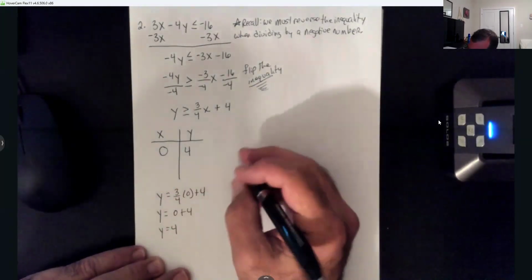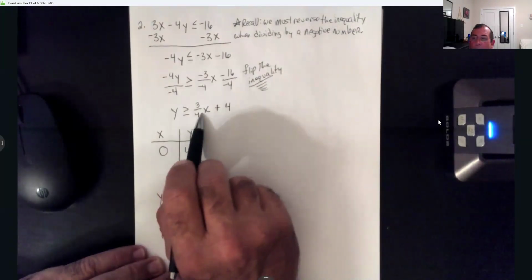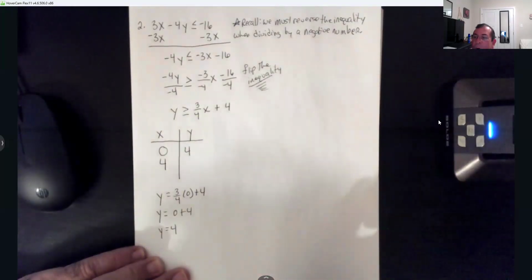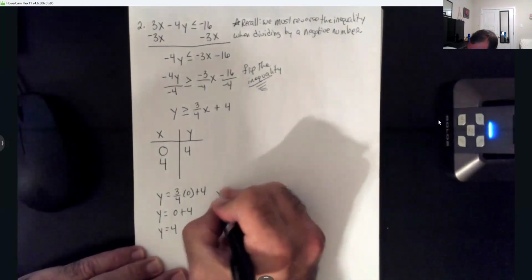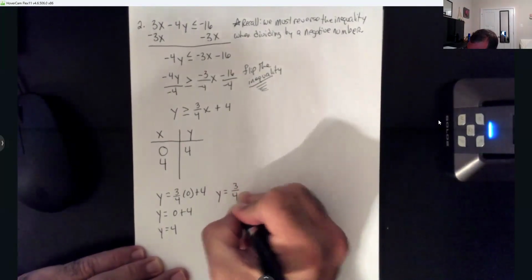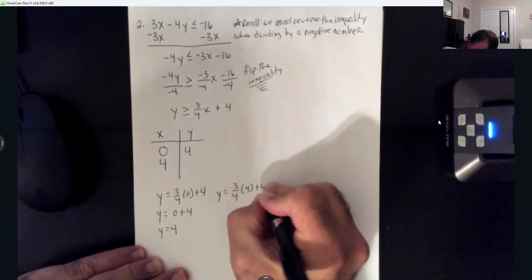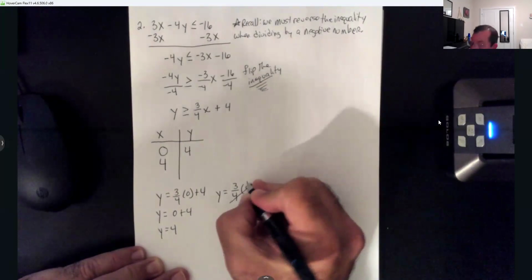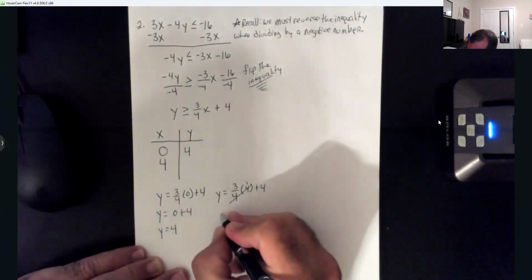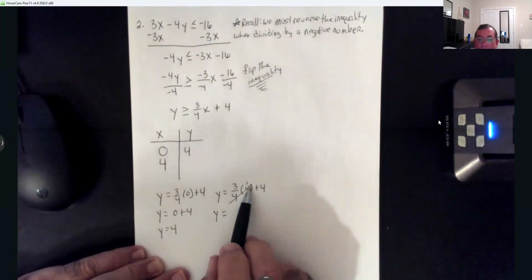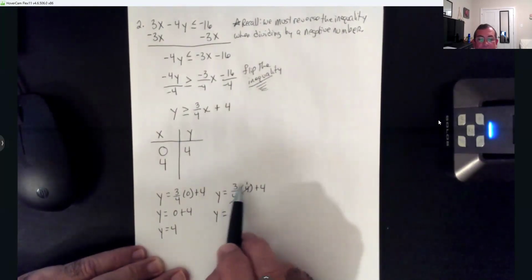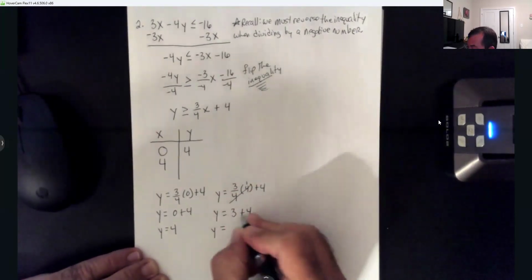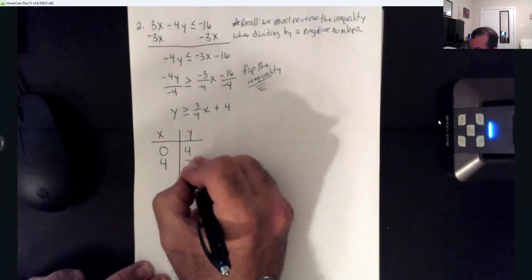Now I'm going to be picky on my second number. Since that's a fraction with a 4 in the denominator, my second x value, I'm going to pick a 4. Because when I plug in that 4 here, now look at this. This 4 divides this 4, so they cancel out, making a 1 basically. So I canceled out the denominator of the fraction. So 3 times 1 is 3, plus my 4. And then 3 plus 4 gives me 7.